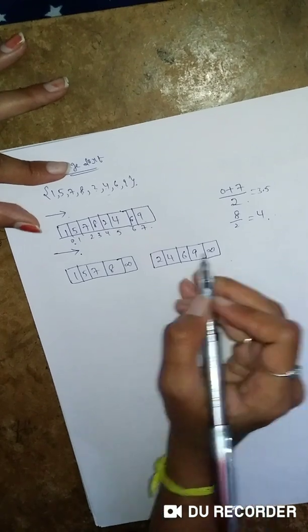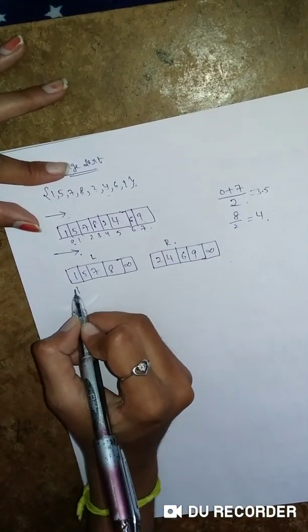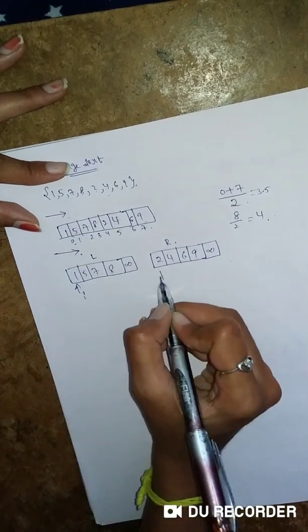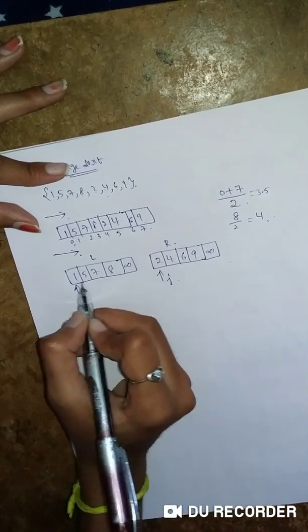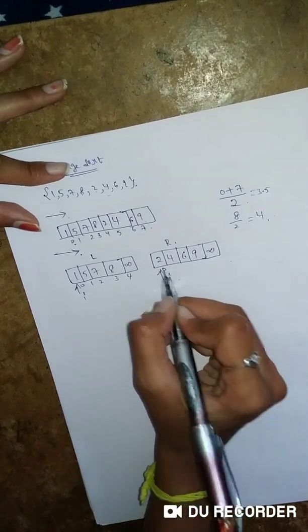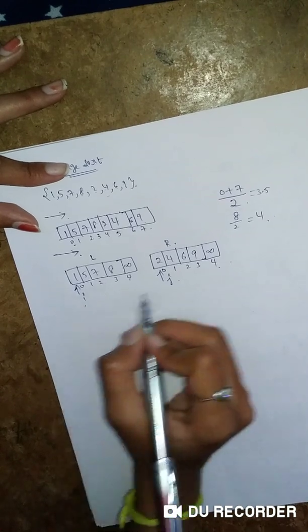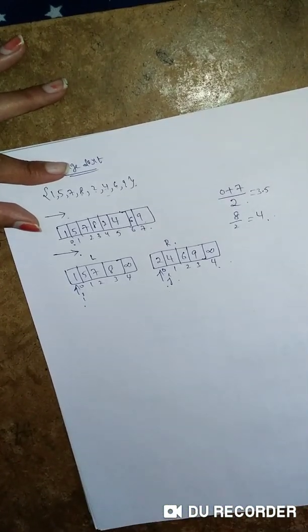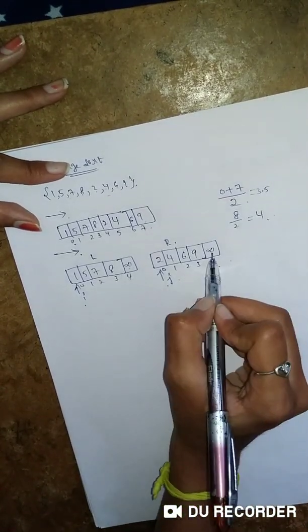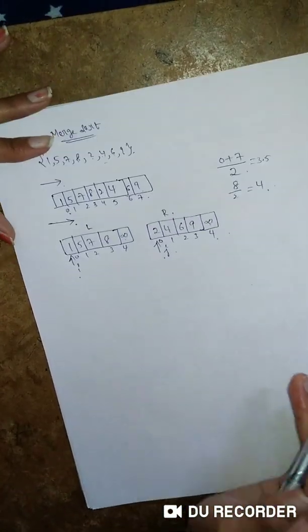Why we add this, we will get to know. This is left, this is right, and this is I, this is J, with indices 0, 1, 2, 3, 4 for each. On comparison, we will get to know why we use infinity.